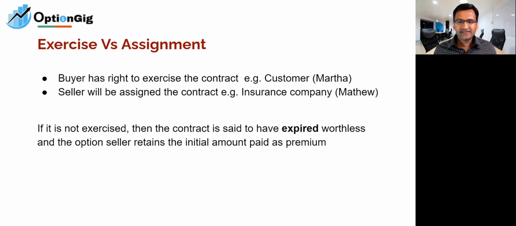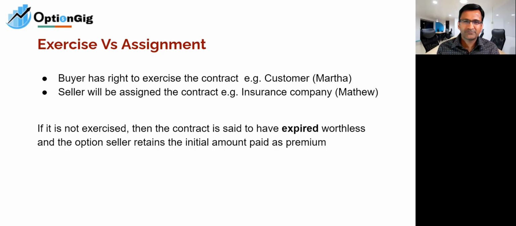If it is not exercised, the contract would expire worthless. Take our example. Nothing happens to the house. It's all sunshine. No rain, no sleet, no snow, no floods. House is cool. Why would Martha sell the house back to Matthew? She had an insurance policy, an option to sell the house to Matthew, but she chose not to.